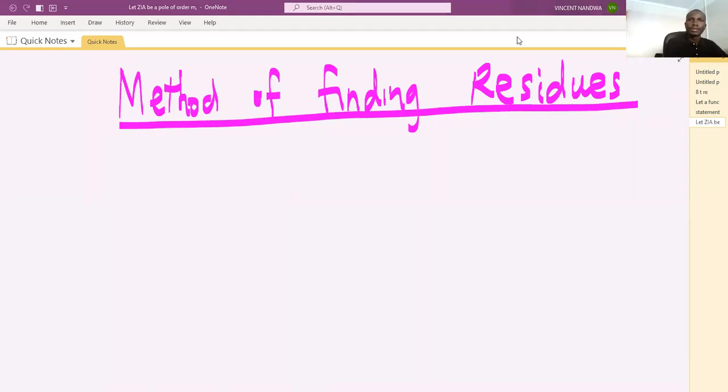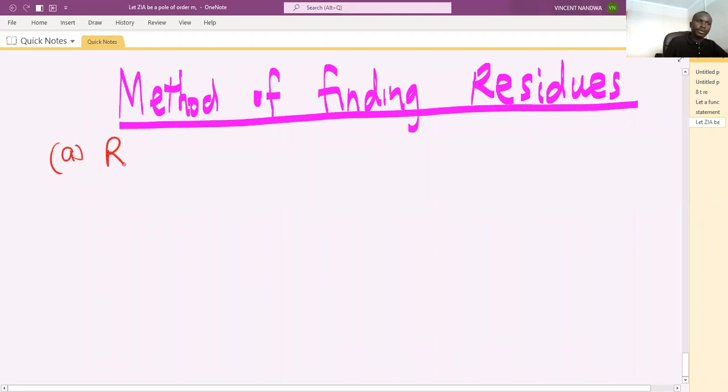Welcome to this session. We are going to discuss, state and prove some different methods of finding residues of functions. The first one, A, let's discuss how we find residue at simple poles.